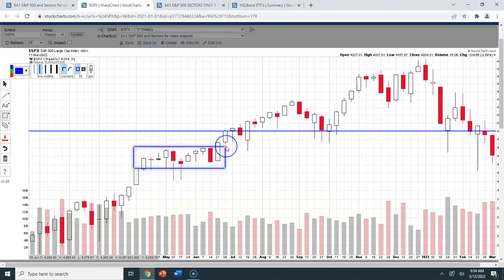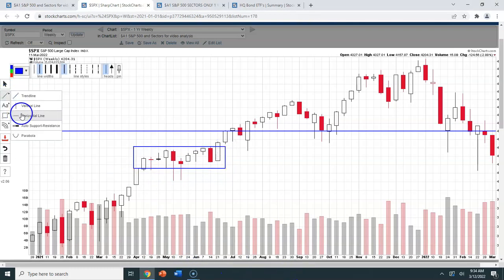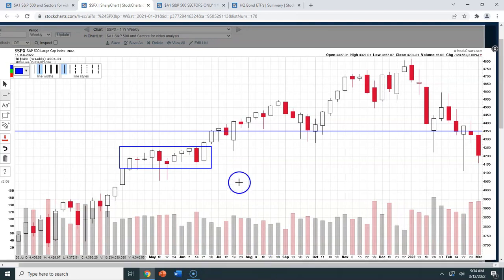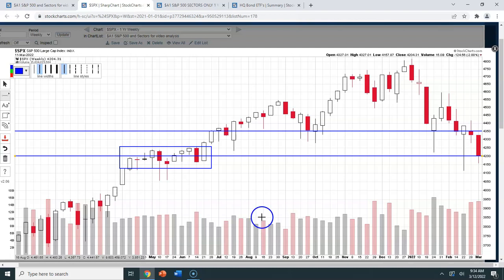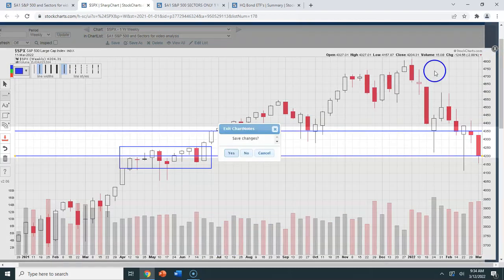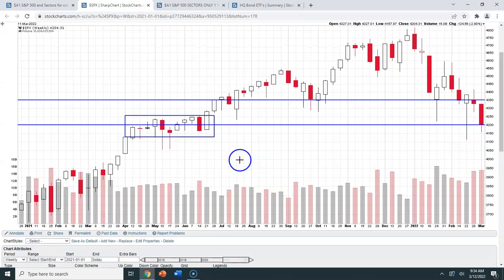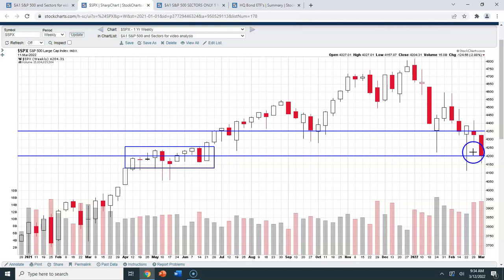Not a lot, not near as much as what we have experienced at the 4350 level, but we had some trading right around here, and it's going to be 4200 plus or minus about 50 or 75 points. All right, so this area, guys, right here, and again, we stopped right in the dead center of it, as you can see. So this is where we're at.